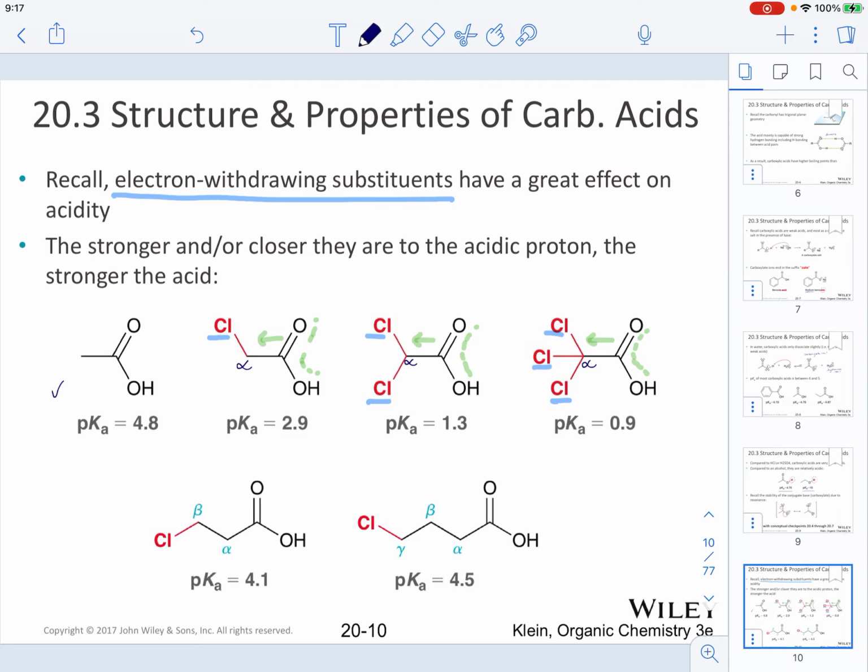So if we look at and number the carbon atoms, this is 1, 2, 3.